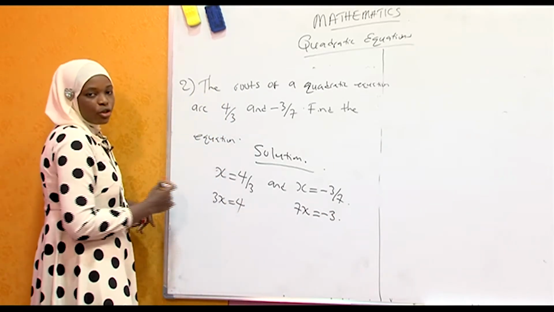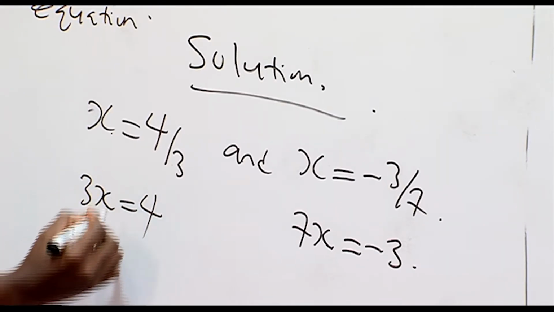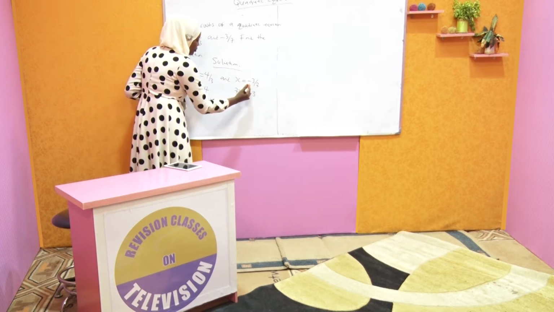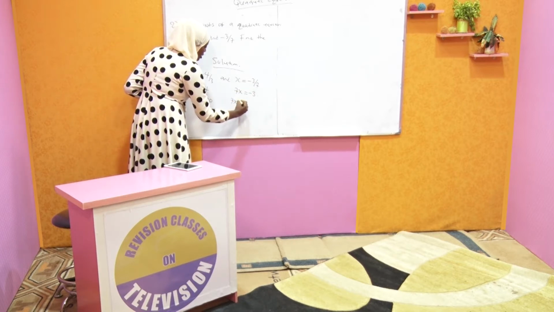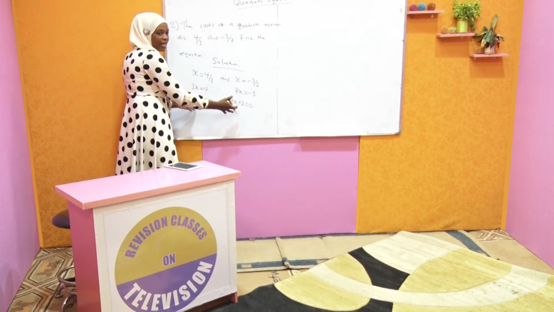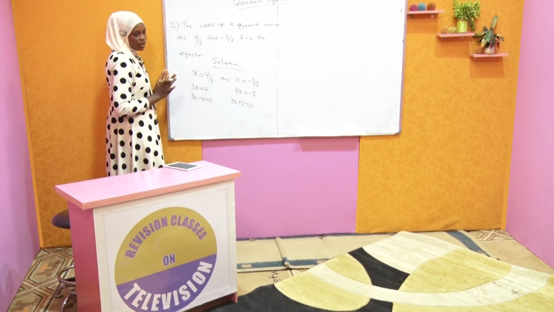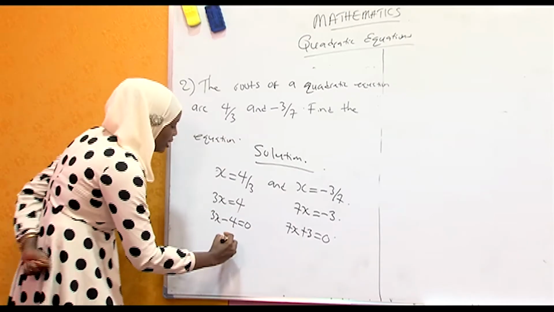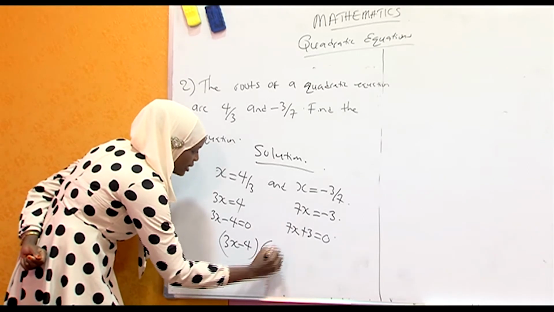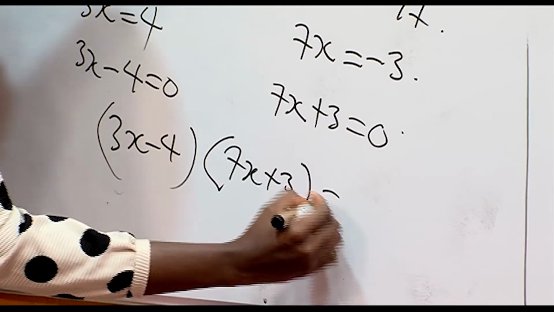Bringing it to the other side to equate it to 0, we have 3x minus 4 equals 0, then 7x plus 3 equals 0. Multiplying these two equations should give you the quadratic equation we are looking for. So bringing them together, I have (3x minus 4)(7x plus 3) equals 0.